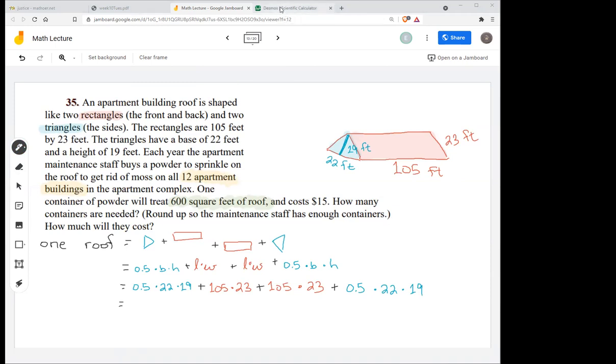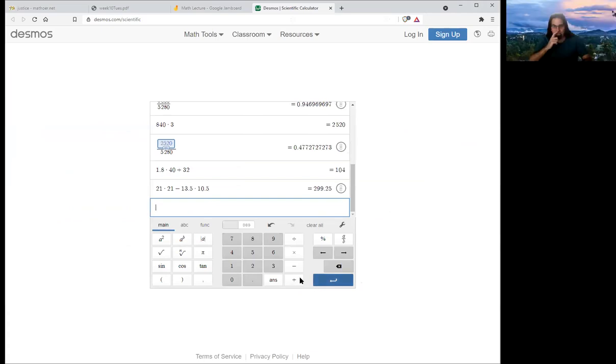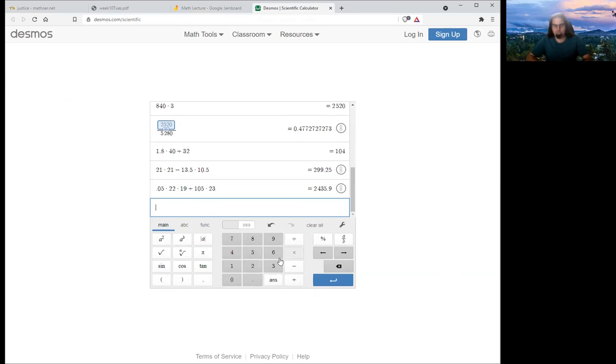Yeah. So it's the 0.5 times 22 times 19. And to that, I'm adding 105 times 23. And then that I can just double to get the other two copies of the shape.